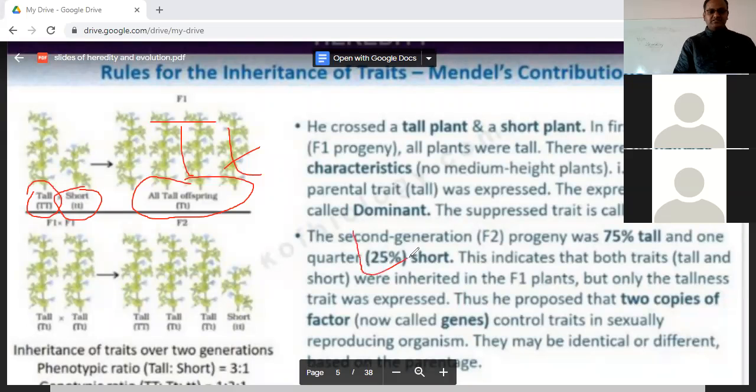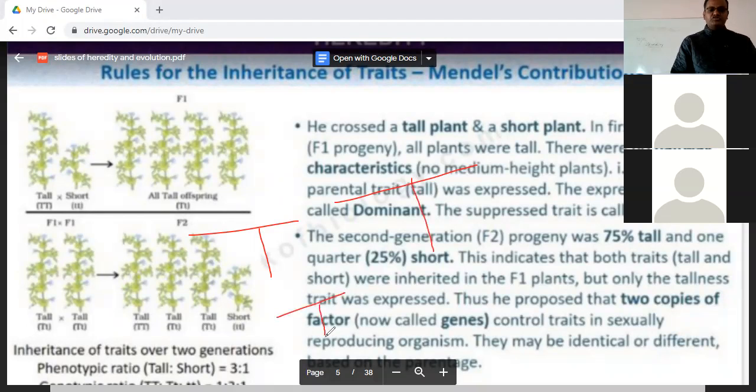Homozygous means that when small t, small t is present, only then will it be called the recessive one. But a dominant gene can express itself both in the homozygous condition, capital T capital T, and in the heterozygous condition, capital T small t.